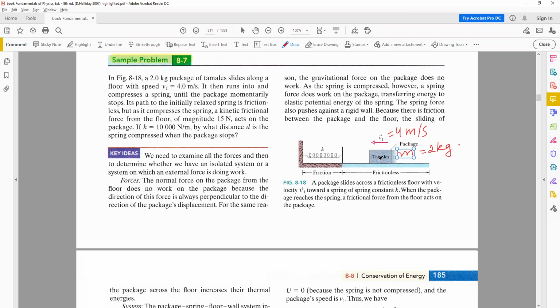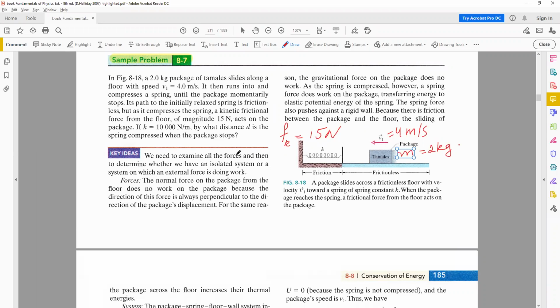Now it is moving towards the spring and it will reach the spring and then it will compress the spring, right? It will push the spring towards the wall. When it compresses the spring, a kinetic frictional force from the floor of magnitude 15 Newton acts on the package, which means that there is a kinetic frictional force Fk equal to 15 newtons.